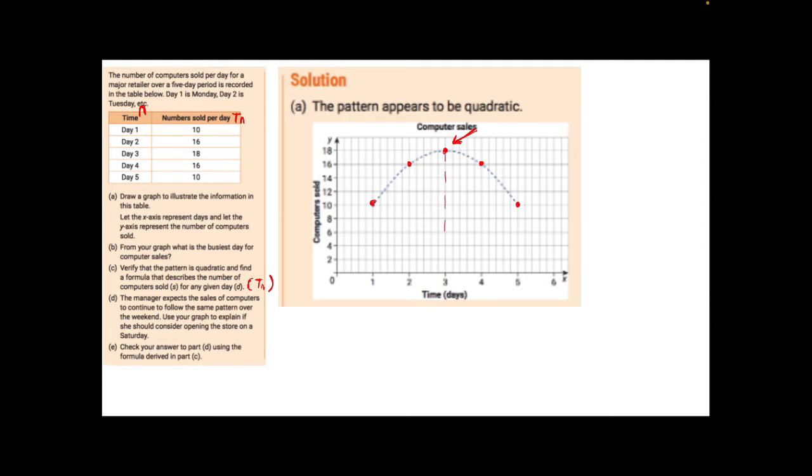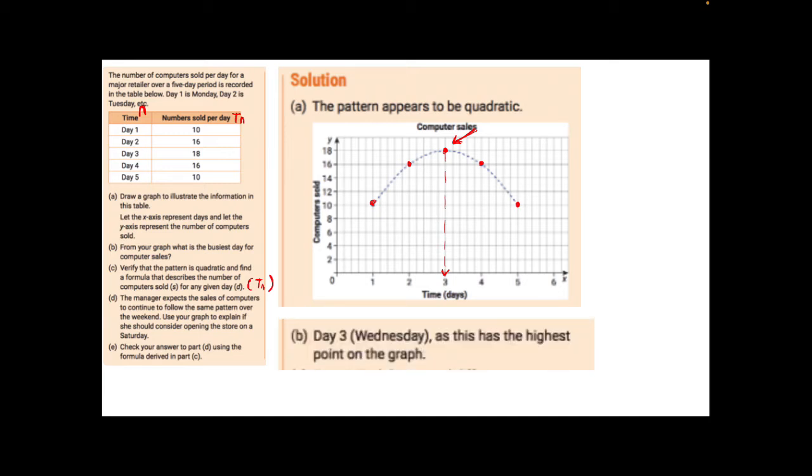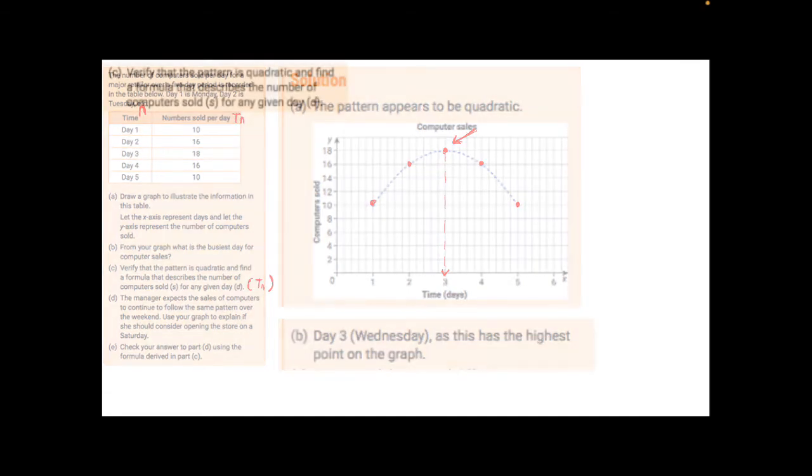So we're just going to drop down from our maximum point and read at what day we have our maximum number of computer sales. So this is on day 3. So on day 3, on Wednesday, we have the maximum number of computer sales. Therefore, this is the busiest day.